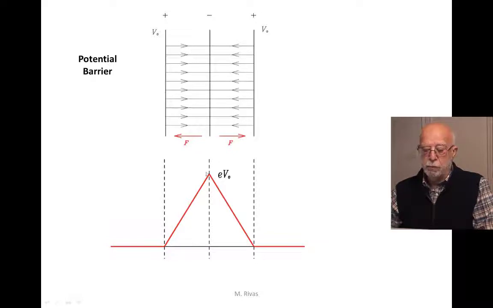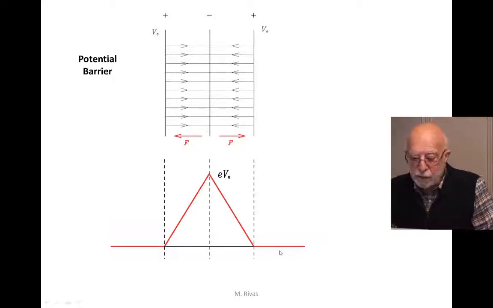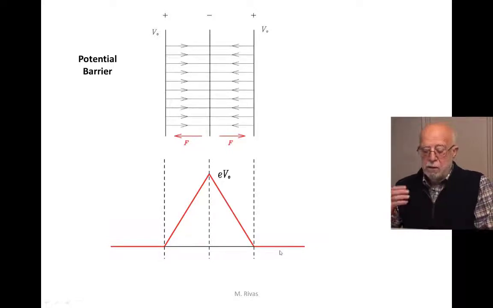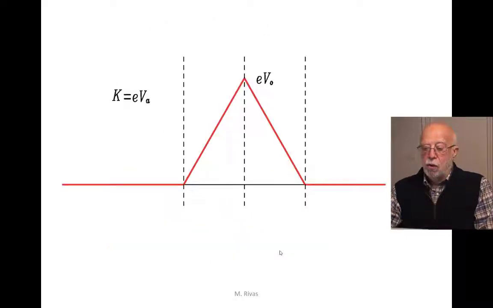It rises up to a maximum top of eV0, decreases, and vanishes outside the plates. So let us make the theoretical analysis of the electron with this triangular potential barrier.